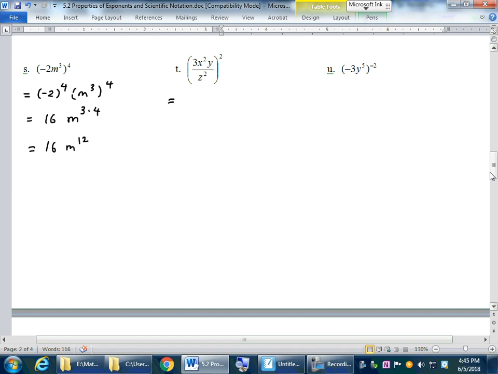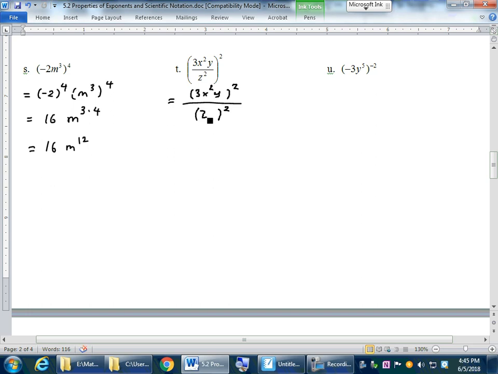So for this example t, my first step will be using property number 5. The exponent 2 is going to apply to the numerator and also apply to the denominator. So my numerator is 3x squared y, and then the denominator is z to the second.